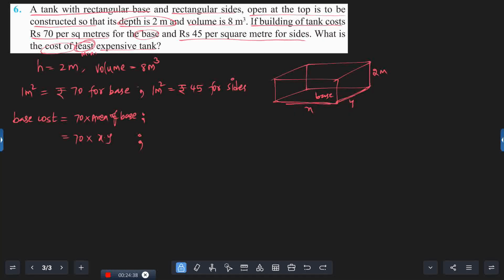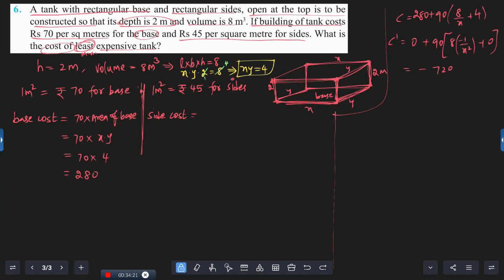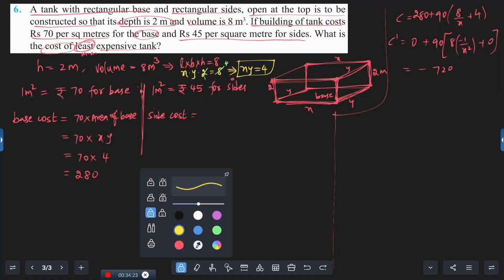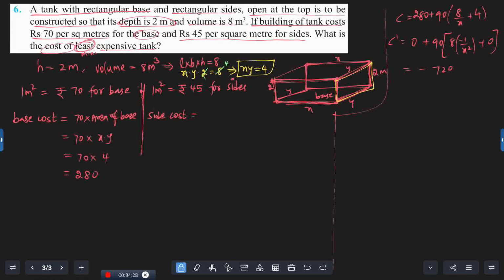Side. Okay, side I will draw like this. Listen. Side cost equal to, do it carefully. First this side I am taking. What is this side? This is one rectangle. So length y, height 2, L into B formula. So 2 into y you will be getting. But the same you will be getting on the opposite side also.